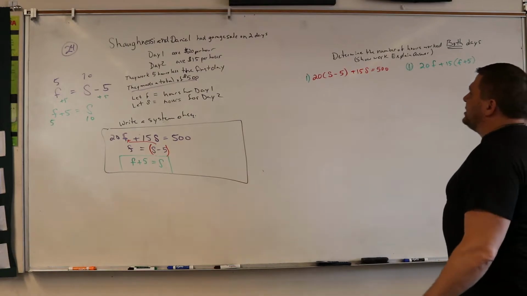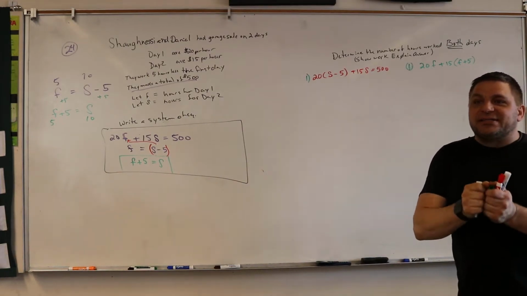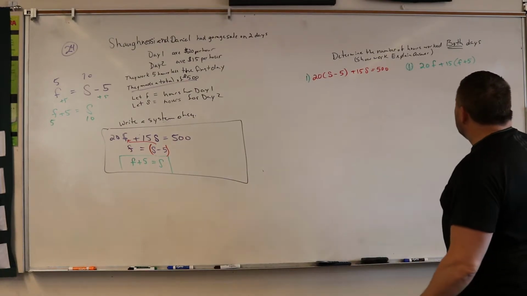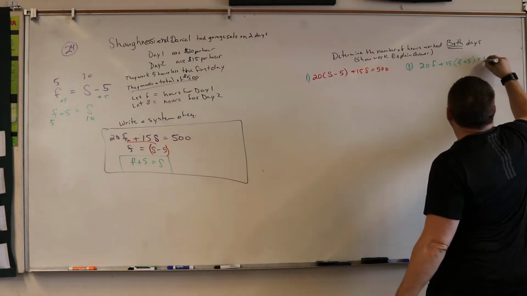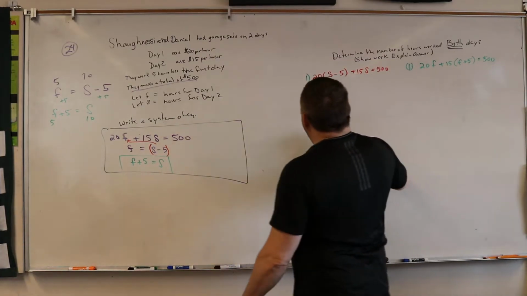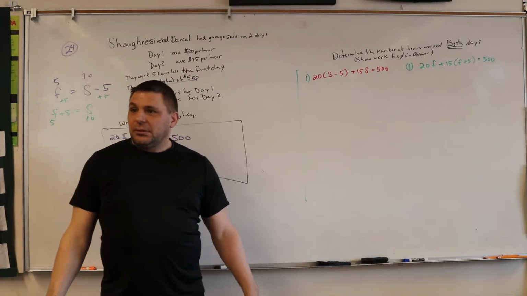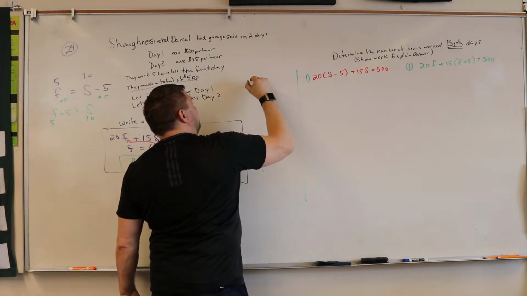And the reason why I'm doing this is I can solve for S and F simultaneously at the same time. And that should equal how much? 500. Now, what lets me do that? Because of substitution.